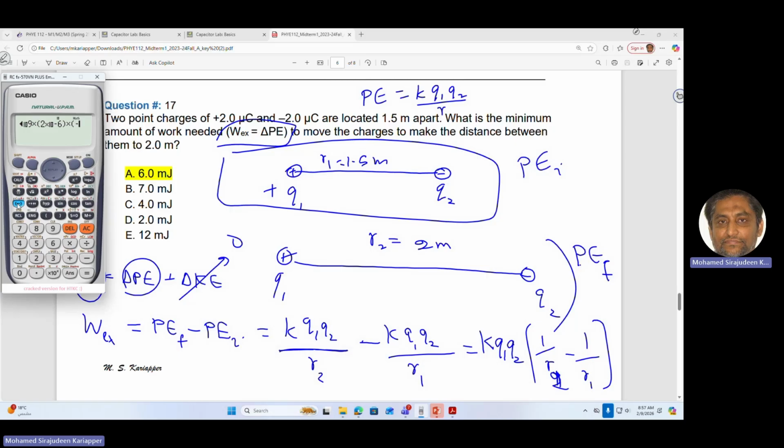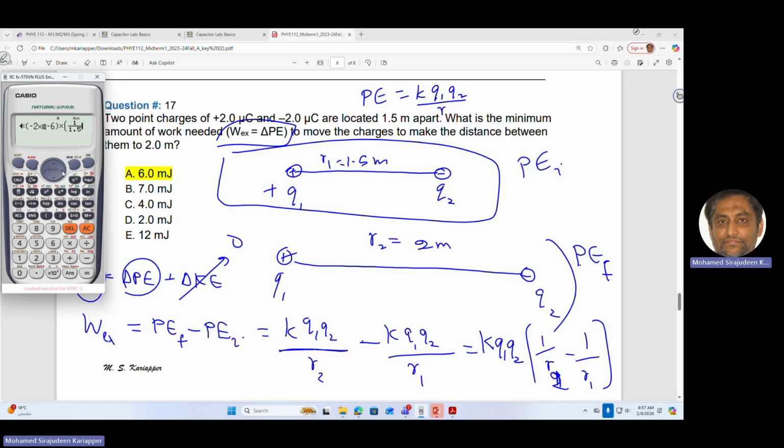Minus 2, use this negative, 2, exponent, micro means negative 6, close the bracket. So I got the K, Q1, Q2, multiply. Now I need a big bracket for 1 over R2 minus 1 over R1. So start the bracket. Then I will use this fraction. Okay, 1 over R1. 1, come down. What is R1? 1.5.